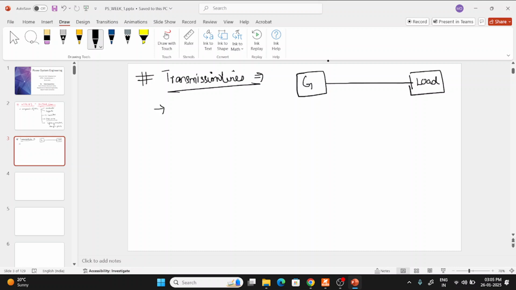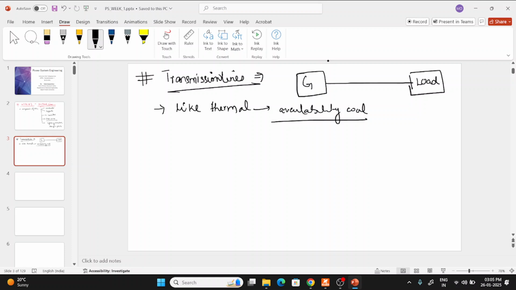First, for example, if we have a thermal power plant, the availability of coal is very important. It is not necessary that wherever the load centers are, the coal will be available at those centers.